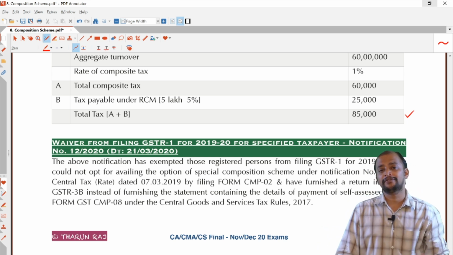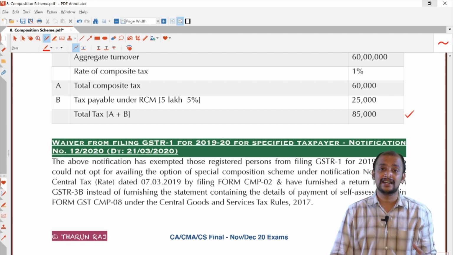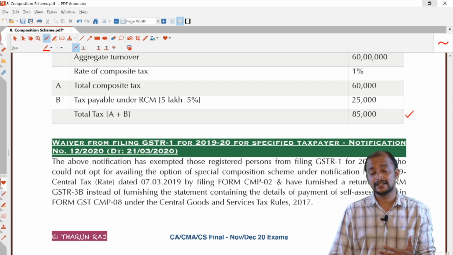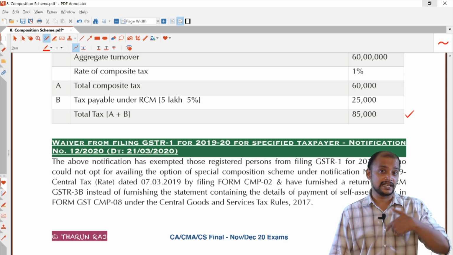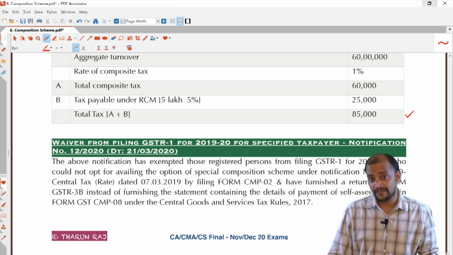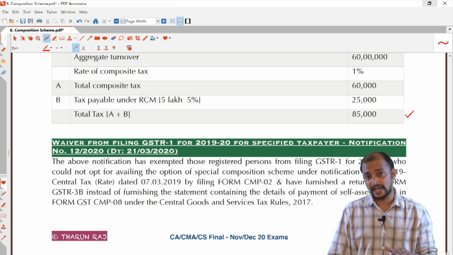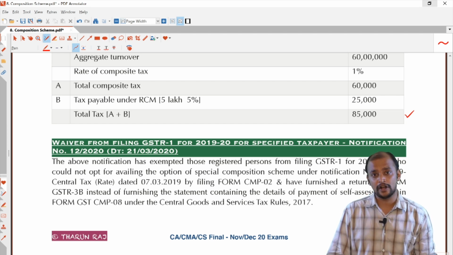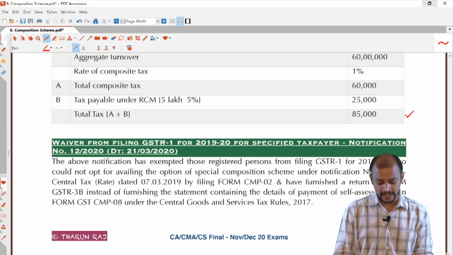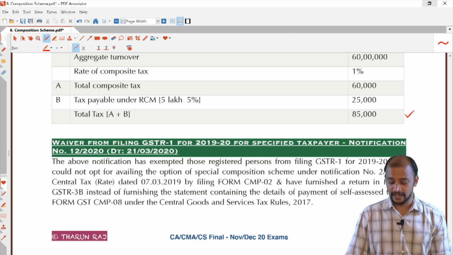Actually, a person who is opting for the composition scheme should file a return in CMP-08, but they filed GSTR-3B without knowing it. Because they filed GSTR-3B, it means they should also file GSTR-1, but that is not required, and that waiver is given here. That's a small amendment related to this.